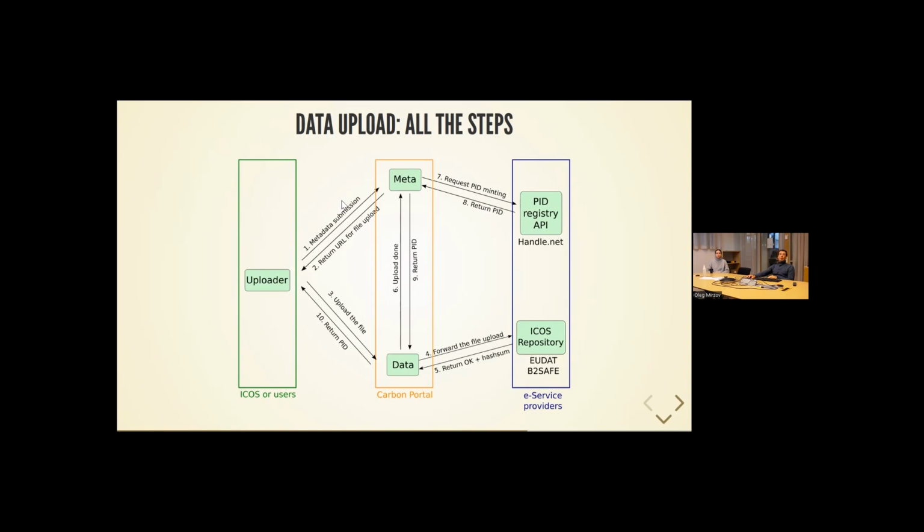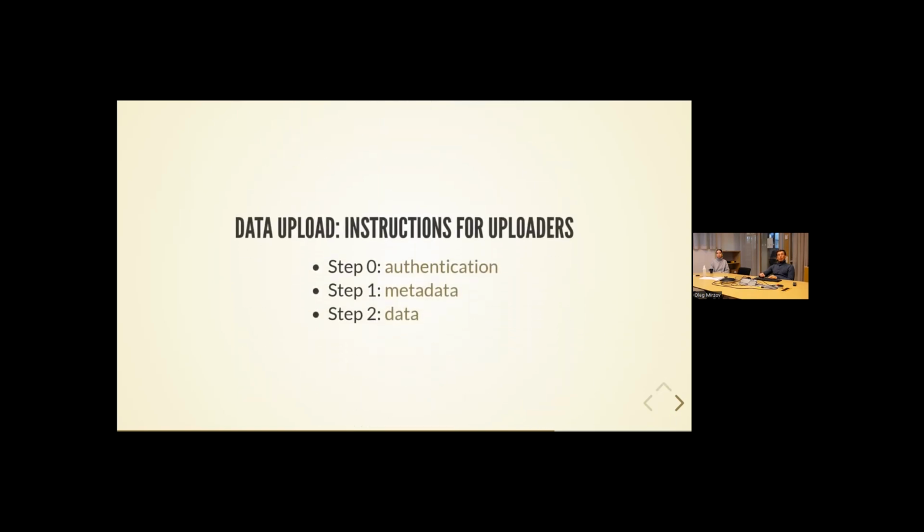Step number one here, and step number two is the result of step number one. It's just a response you get. You submit a metadata package to the meta service, and then after that you're told where to upload the data, and then you upload the data. Those are the two steps that need to be done, and we have documentation for this.